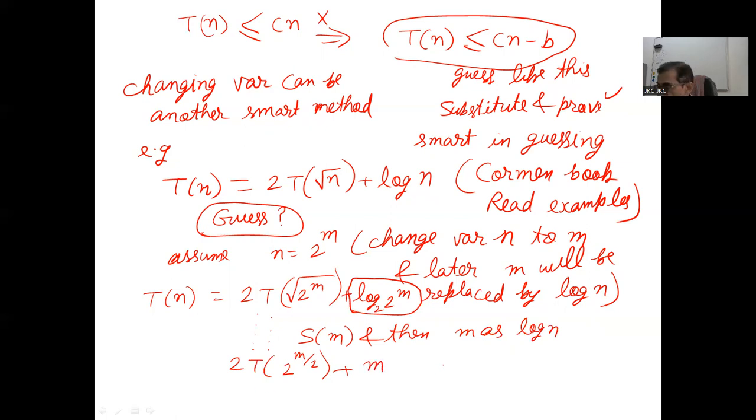So in this, I can solve by taking T of 2 raised to m to be S of m, and then I will be able to solve this.